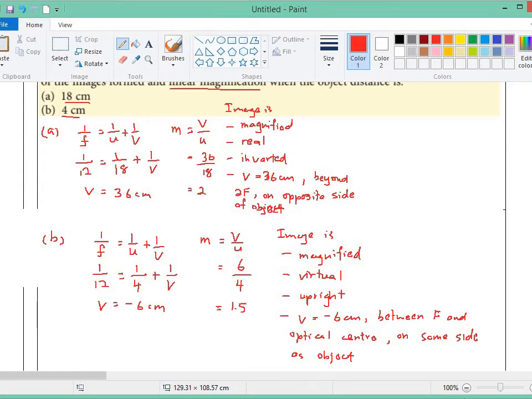We know upright or inverted. Okay, so there is a lot of information that we can get. So if we know this thin lens formula, then we can get the characteristic of the image very quickly. Okay, we don't need to draw the ray diagram. The ray diagram takes more time.